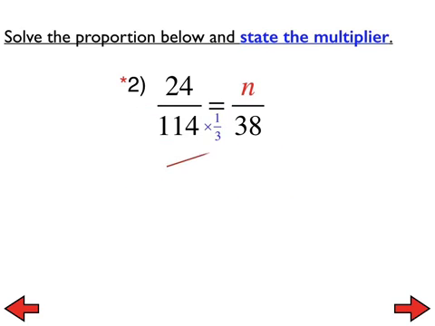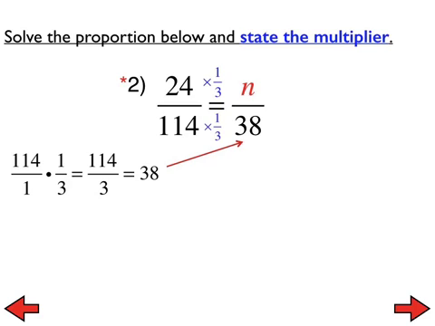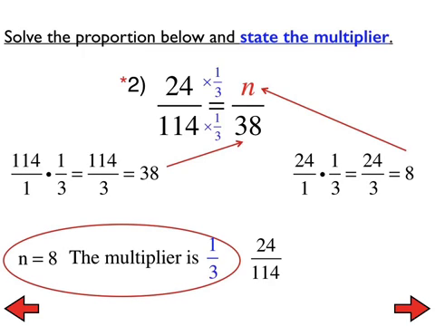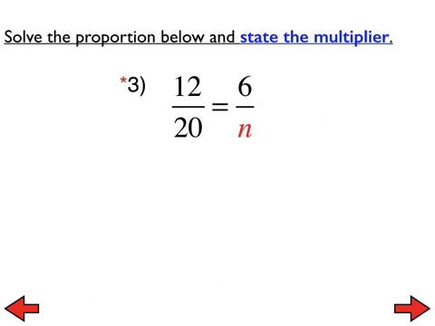So 114 times a third gives me 114 over 3, which is 38. So the top number also has to multiply by 1/3. 24 times 1/3 is 8. N equals 8. We multiply by 1/3 to get it. And now that we filled in what n is, we can say 24 over 114 is equivalent to 8 over 38.